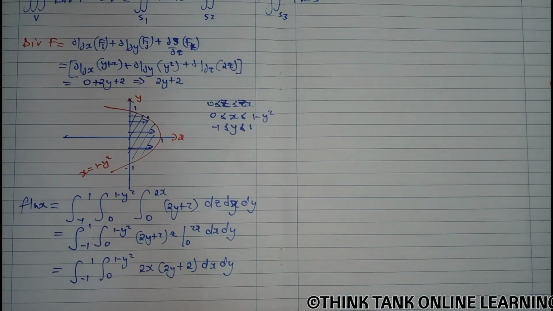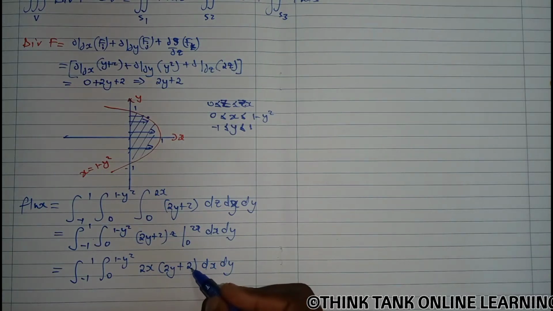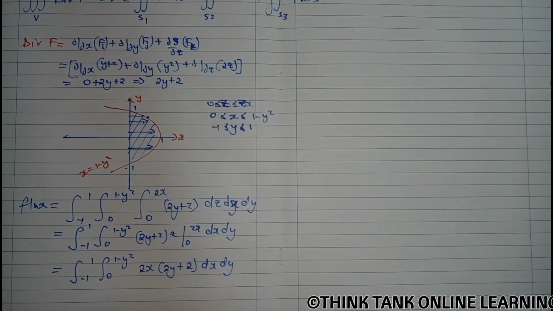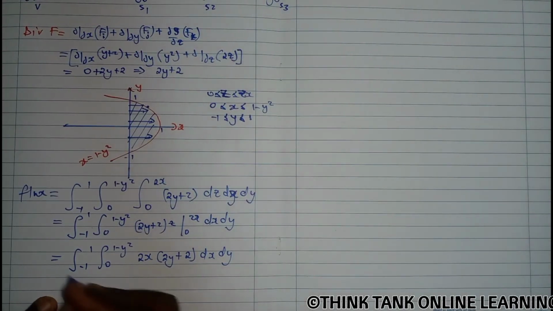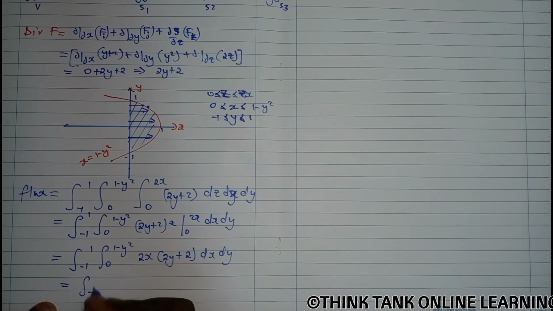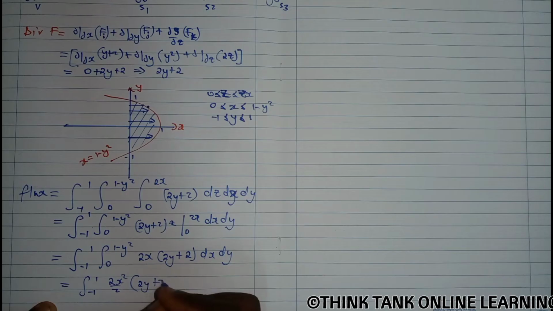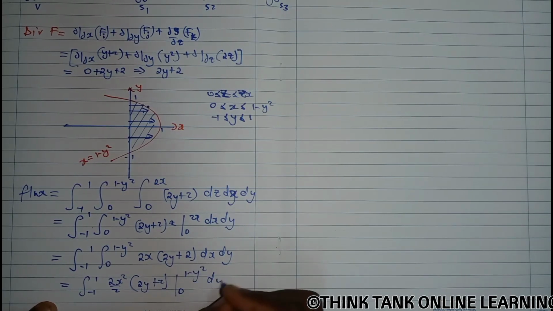I'm not going to expand y because I don't have any x variable here, so I'm just going to integrate with respect to x. So I'm going to get negative 1 to 1, 2x squared over 2, 2y plus 2, my limits from 0 to 1 minus y squared dy.